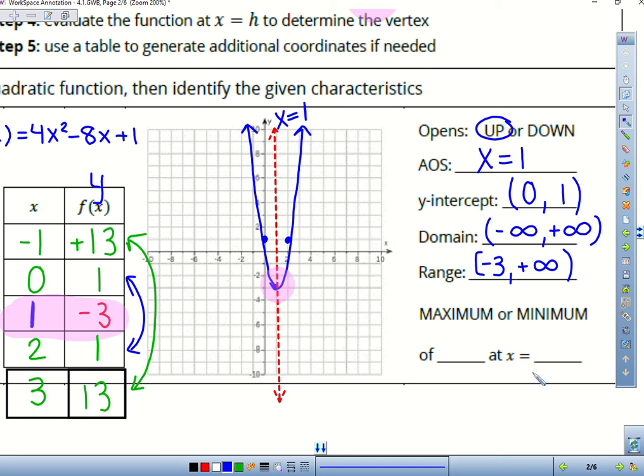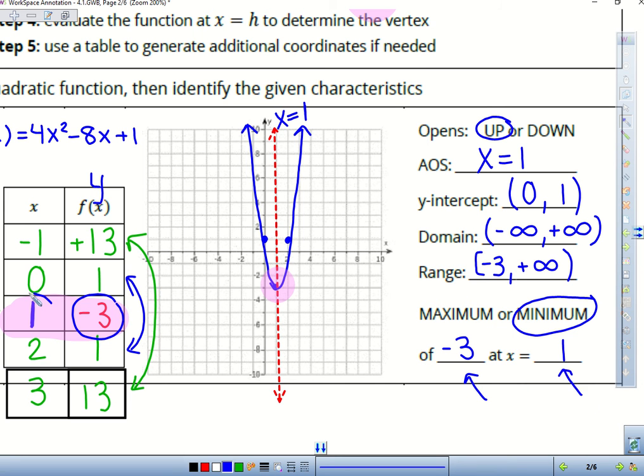Does this graph have a maximum or a minimum? Minimum. Good. And this minimum is -3, and it occurs at 1. So this is always going to be the y-coordinate of your vertex, and this is always going to be the x-coordinate of your vertex, okay?